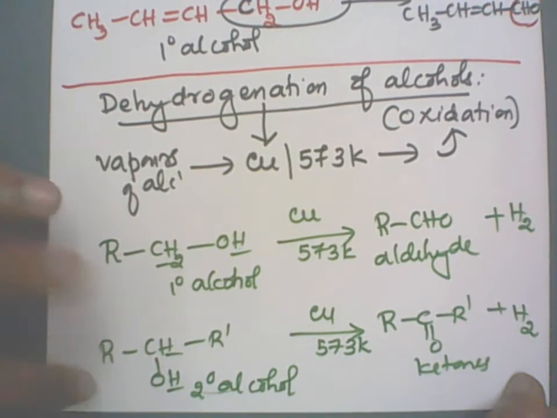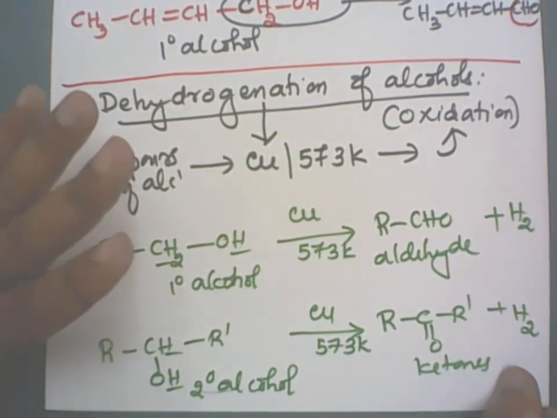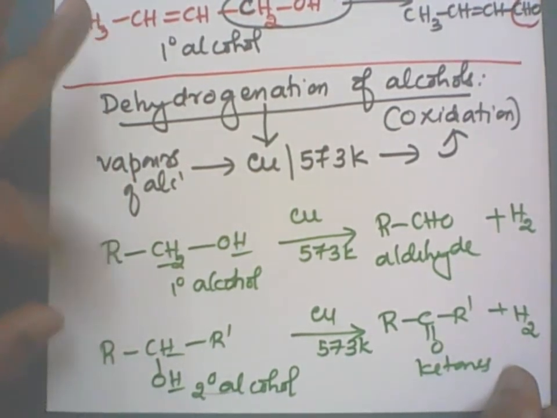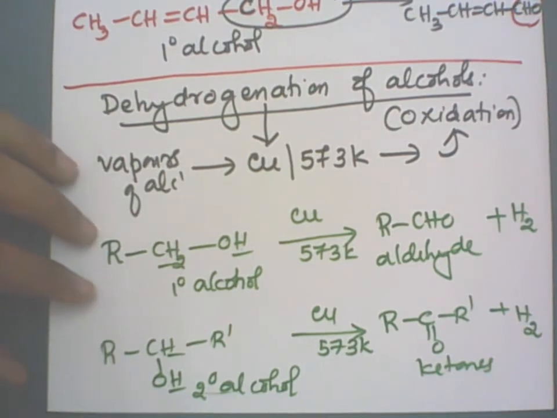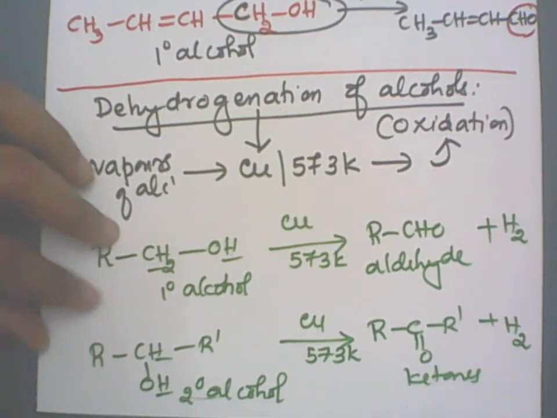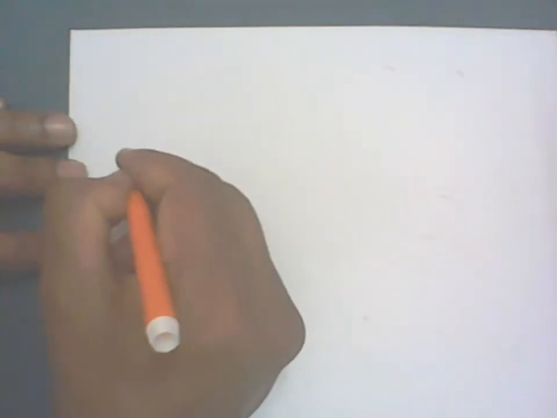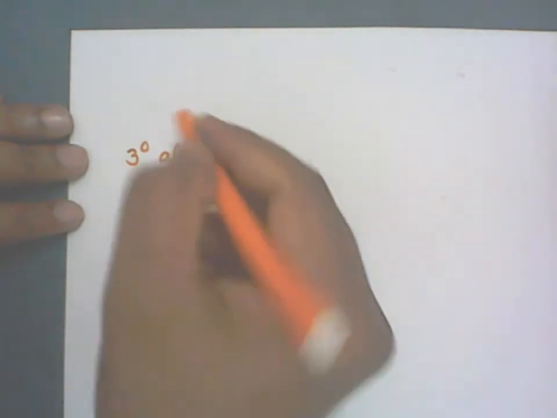Now we'll go for the third one. The third one is the tertiary alcohol. They can give alkenes. So I'll go for one specific example, and that is tertiary butyl alcohol. What do you mean by tertiary butyl alcohol?